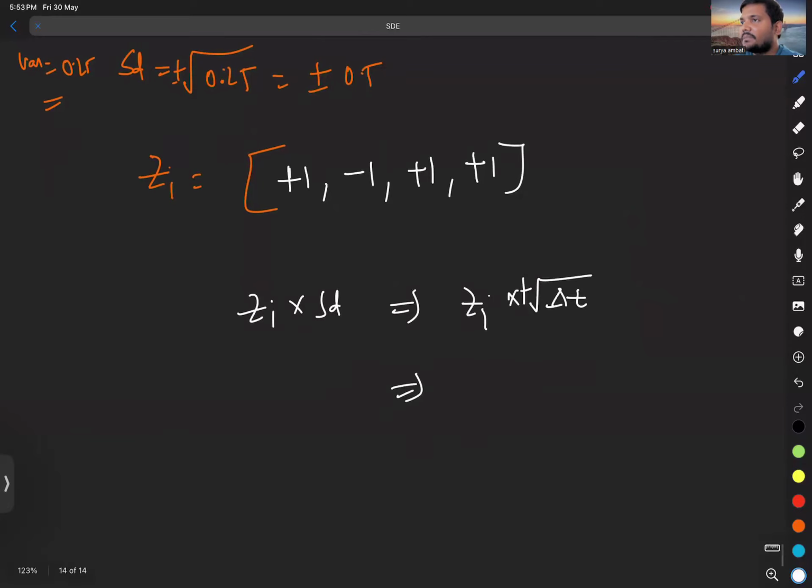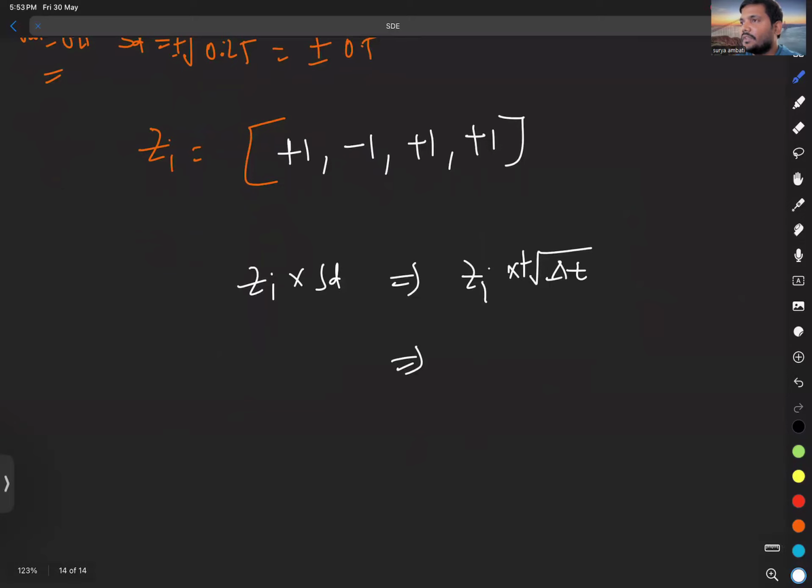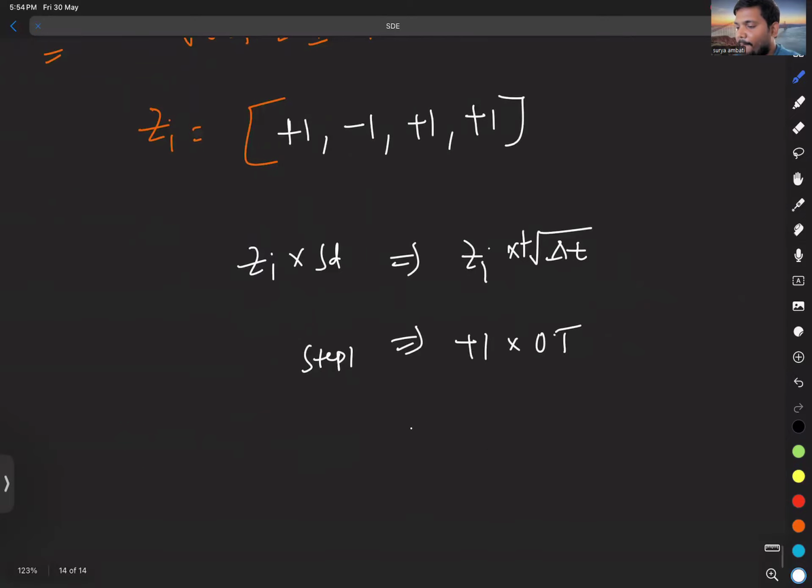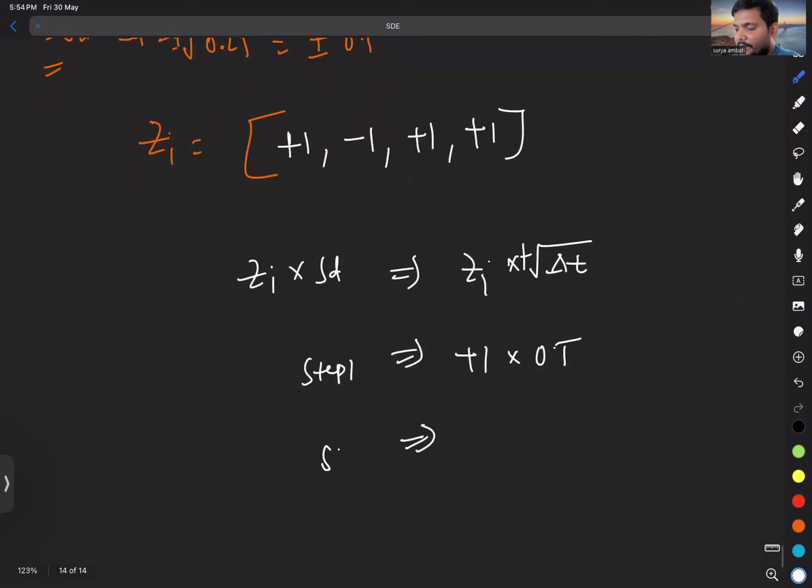In step 1, he took the right direction, which is +1, times our standard deviation. What is the standard deviation? 0.5, right? In the second step, he took the left direction, so -1 times 0.5.